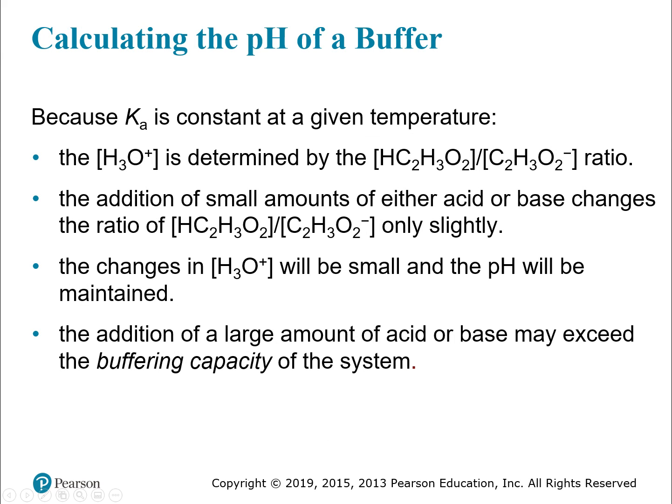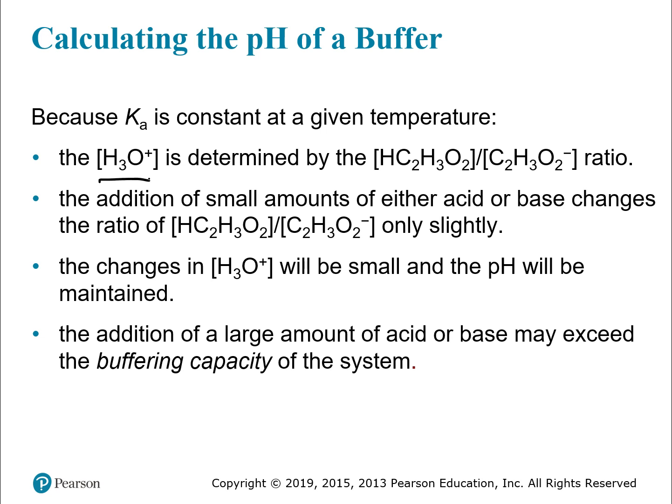Now we're going to talk about calculating the pH of a buffer. At any given temperature, that Ka value, the acid dissociation constant, is constant. That's why it's called a constant. The ratio of the acid to the conjugate base determines the hydronium concentration.